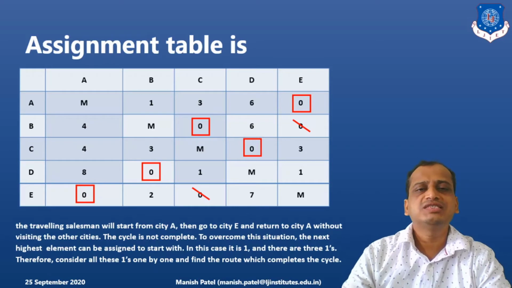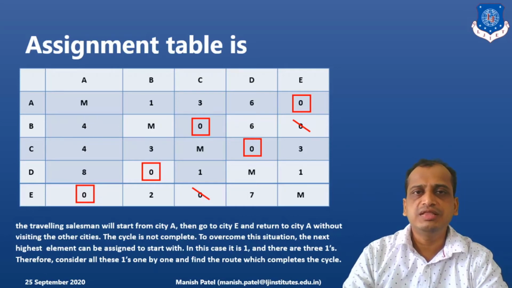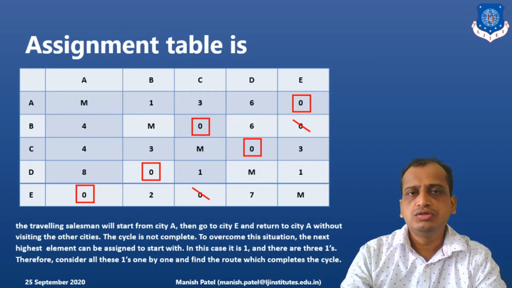Now here 5 assignments are there. But if you see specifically, we have already given the constraint in the traveling salesman problem.